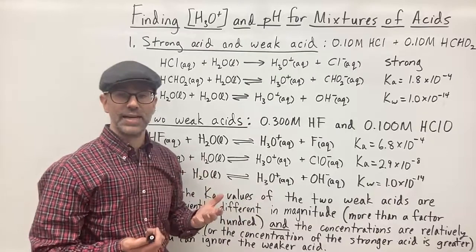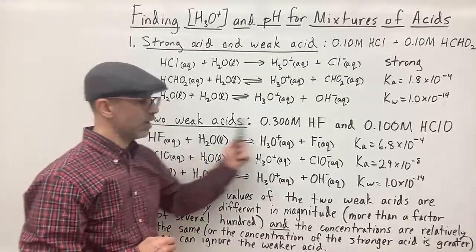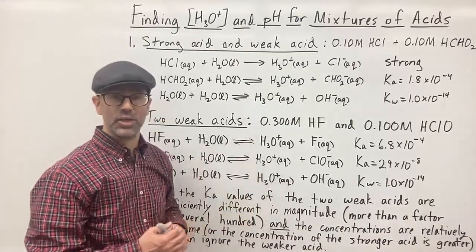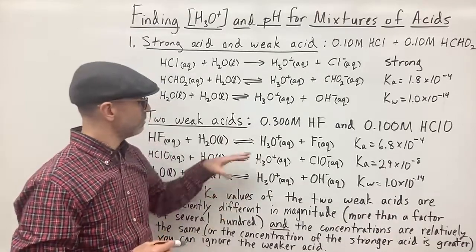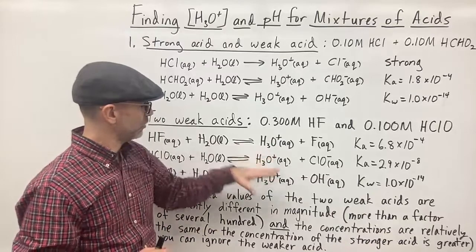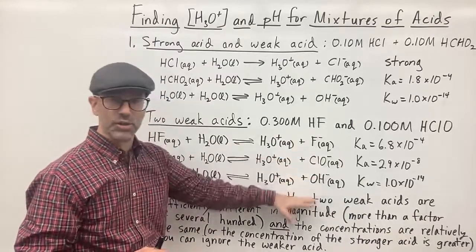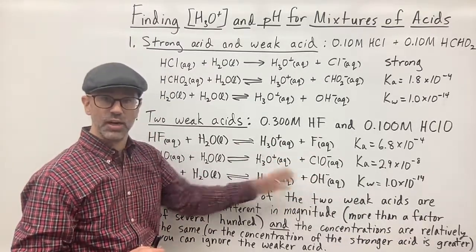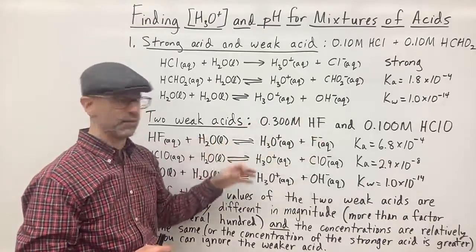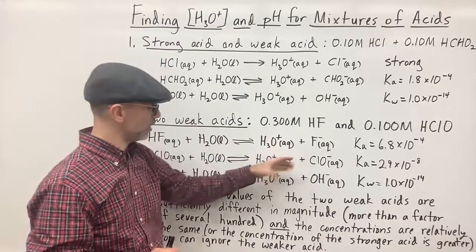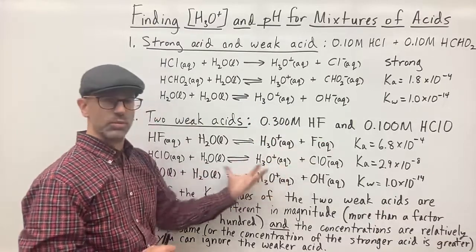And again, for the exact same reasons, if we take into consideration Le Chatelier's principle, this acid is going to suppress the other two equilibriums here. Since we're producing a lot more H plus from our HF, that production of H plus is going to cause these to be suppressed.